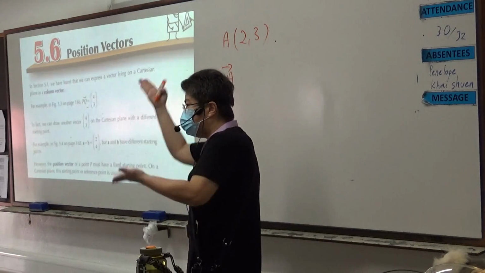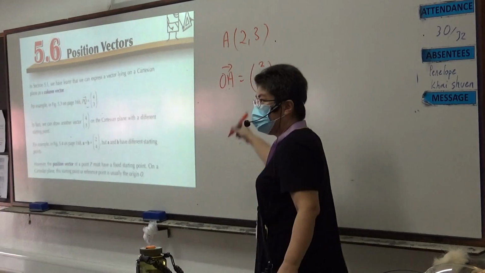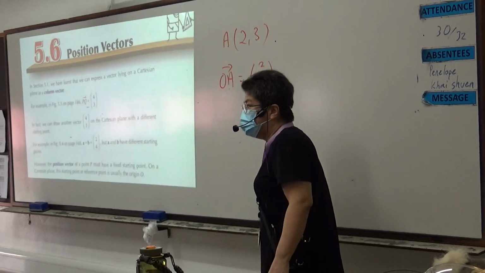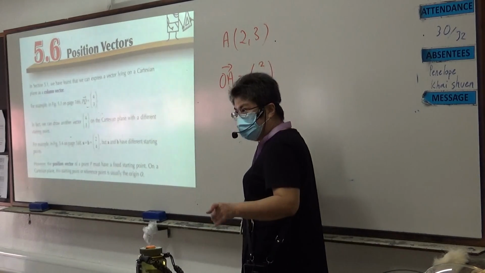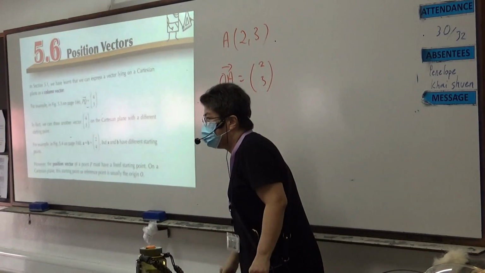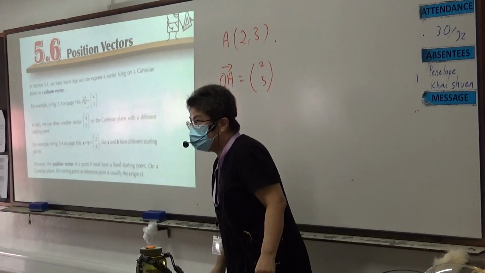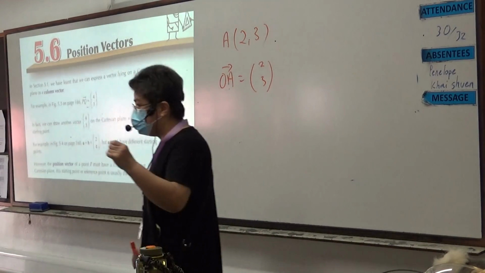That means from the origin to that point, and it is 2, 3. X coordinate on top, Y coordinate below. Understand? So if I have the coordinates, I can write down the vector. If I have the position vector, I can also write down the coordinates. Vice versa. Is that understood? Position vector is with respect to the origin.